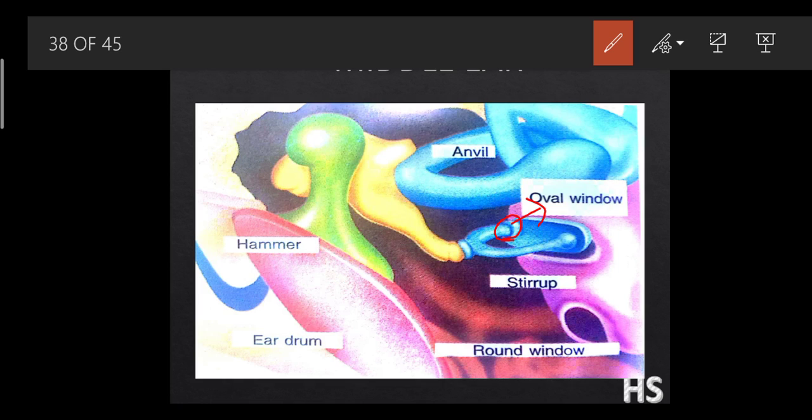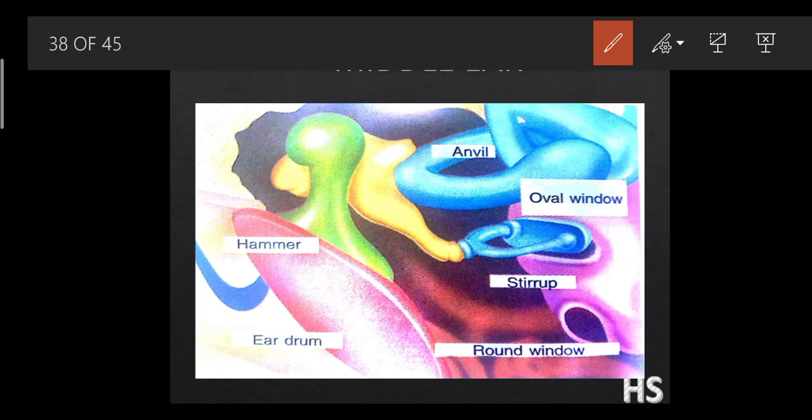The second opening is called the round window, because it is round in shape. Both the oval window and round window lead to the inner ear.